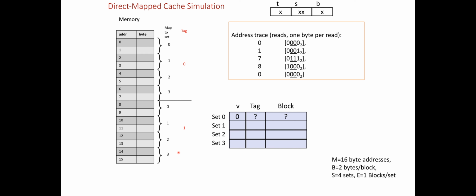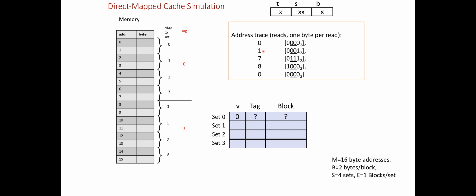So now let's suppose up here in the orange box that we have a program that's running, and it is addressing particular places in memory that have been translated into these addresses that we just talked about. So the underlined part here is for the set, the first bit here is for the tag, and then the last bit here is for the byte offset.